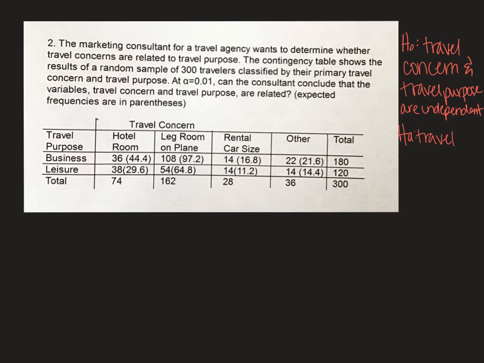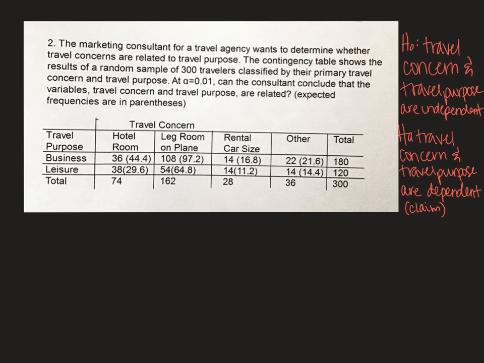Travel concern and travel purpose are dependent. And they're asking if they're related. So if they're related, they're going to be dependent or not independent. So HA is going to be our claim.